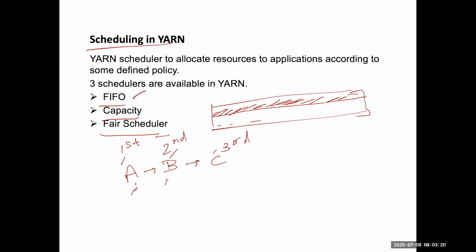But in capacity, we have two queues. In one queue, we keep resources for priority jobs or small jobs. The other we use similarly to how we use FIFO. But you have one more queue, where we have kept some resources for running the priority jobs.